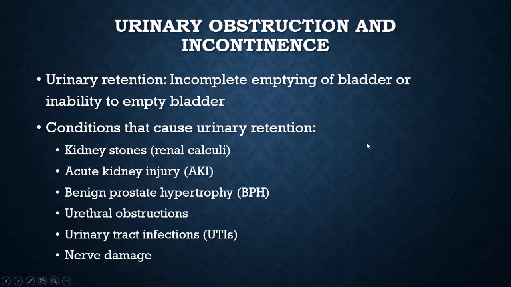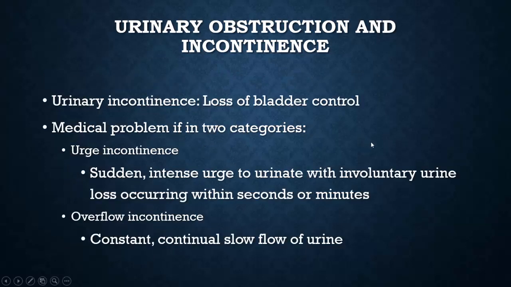On the flip side of that, urinary incontinence is loss of bladder control. There are 2 types if it's a medical problem: urge incontinence or overflow incontinence. Urge incontinence is a sudden intense urge to urinate with involuntary urine loss occurring within seconds or minutes. And overflow incontinence is a constant, continual, slow flow of urine.